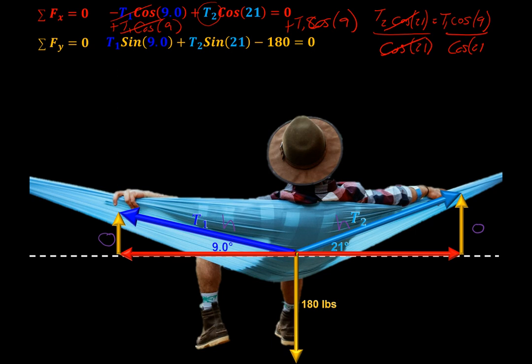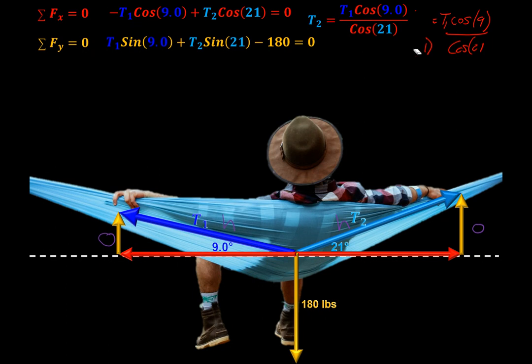So we get that our T2 is just our T1 cosine of 9 divided by cosine of 21, because we're just getting our T2 by itself. And we're substituting. We're plugging all of this into that.